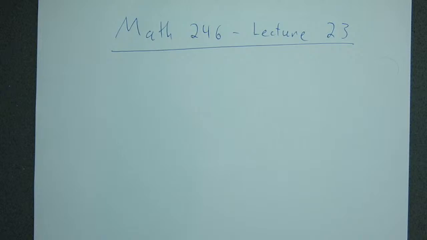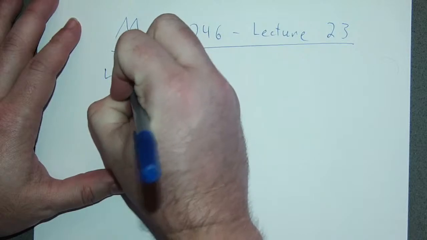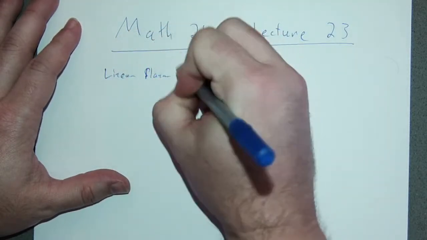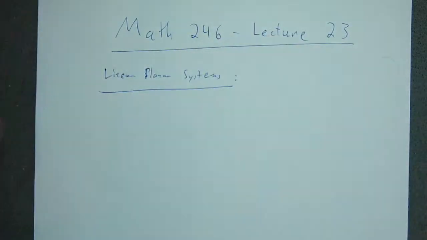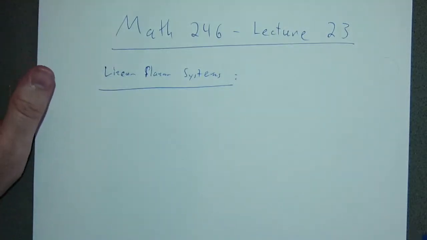Let me start by saying what we're talking about now: linear planar systems. As mentioned in last lecture, the idea is to look at these 2 by 2 systems. I'm going to relabel them slightly. Rather than using x1 and x2 as the components, I'm going to use x and y.